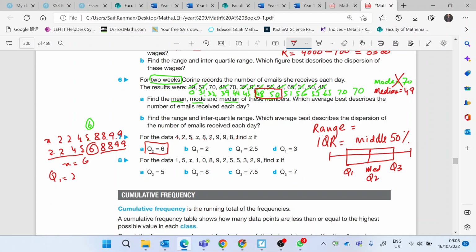The middle number of 2 and 4 is 3. So x is still 6 if Q1 is equal to 3. If Q1 is equal to 3, still it is 6.